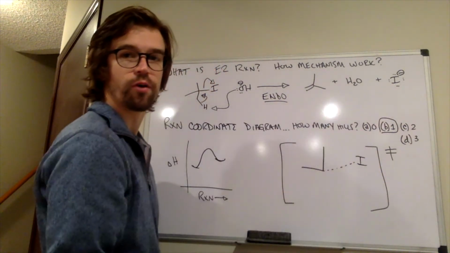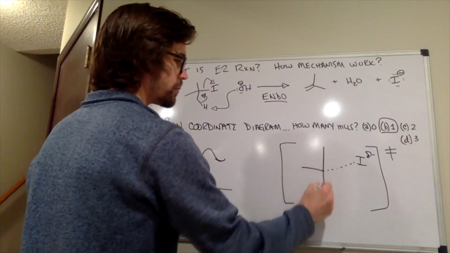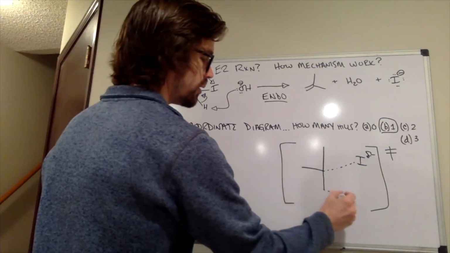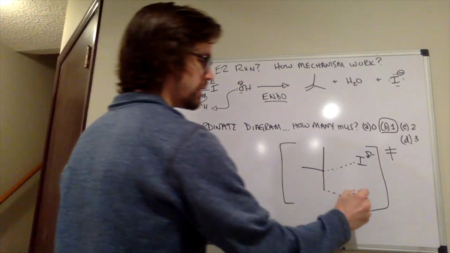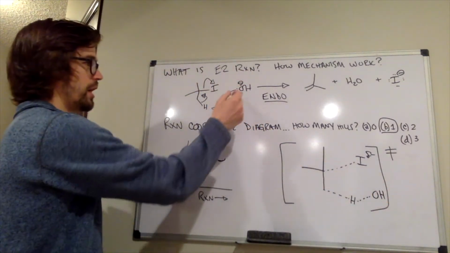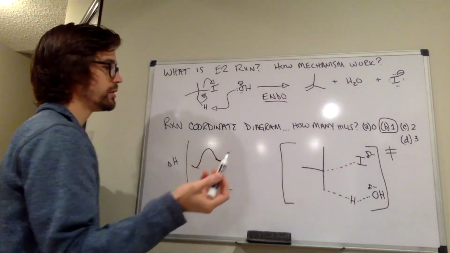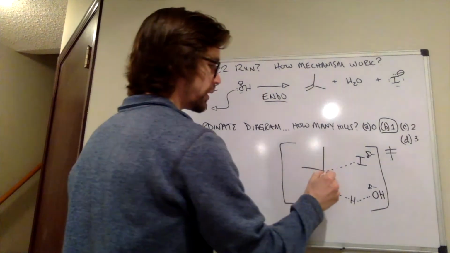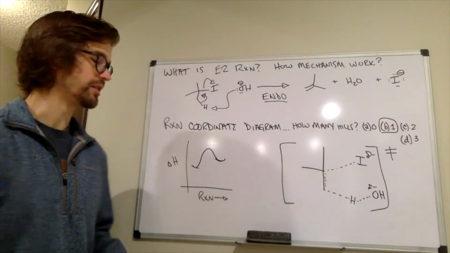Iodide is picking up a full negative charge, so it would have a partial negative charge there. The carbon-hydrogen bond is breaking, so we have that there. The hydrogen-oxygen bond is forming, and we would make that a partial negative on that oxygen. And then what else? There is a carbon-carbon double bond that is also forming, so we would need that double bond there. So that's what that transition state would look like.